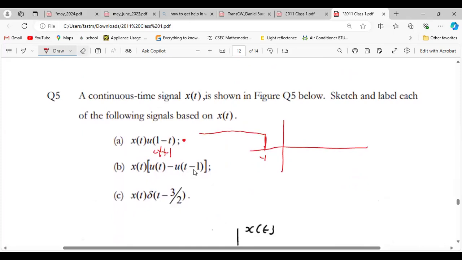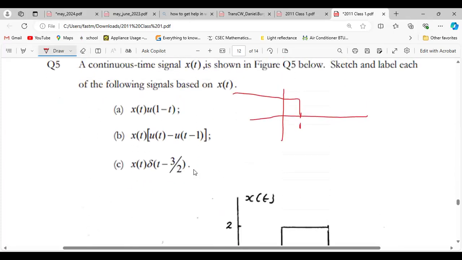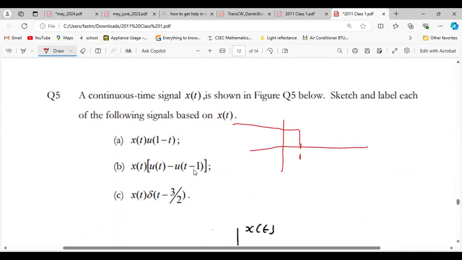That's not it. Minus t, u of one. Oh, right. So let's put it at one first, and then reverse it. So u of one, and then you flip it, you should put this. Because what we had just now, we didn't get anything. What is our step?